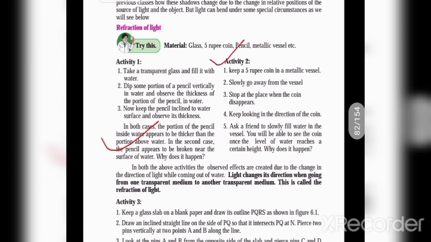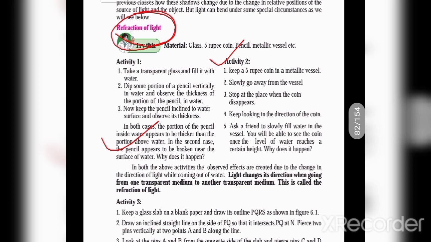Okay, the second activity is also given. This activity is also very important, which explains the law of refraction of light. First, keep a 5 rupee coin in a metallic vessel. That means we have to take a metallic vessel and keep the 5 rupee coin in it.